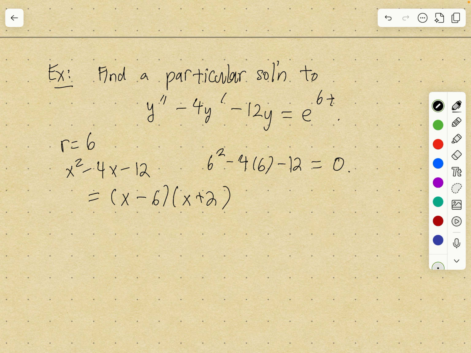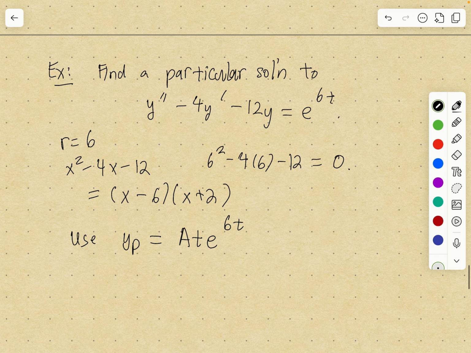It's a single root, right? Because a double root would be if you had x minus 6 in parentheses squared. We don't have that. So we have a single root, and so what's our yp going to be? We should use yp equals a times t e to the rt, which is, so you get a t e to the 6t.